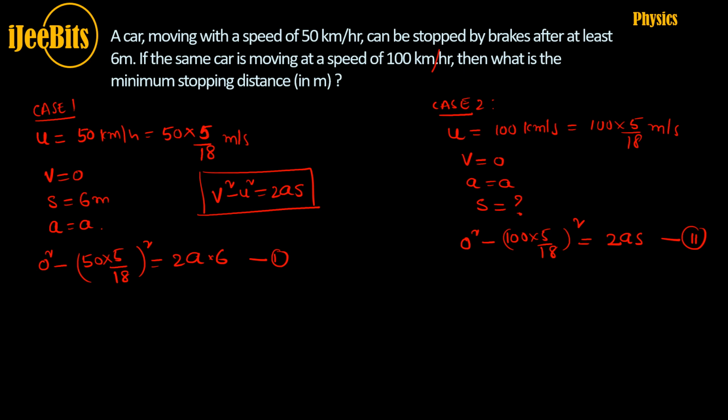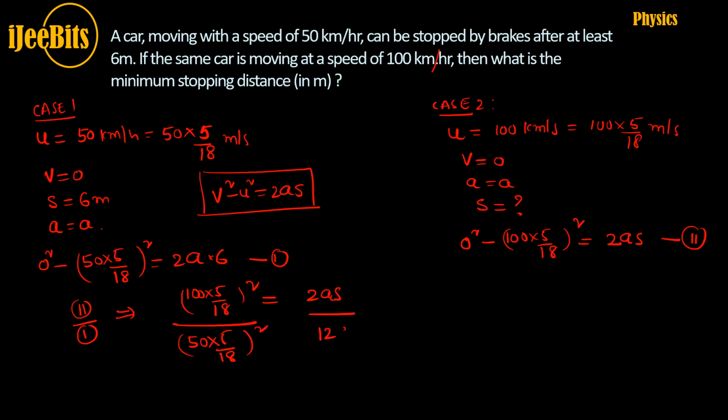So let's divide equation 2 by 1. How do you do this? 100 into 5 by 18 whole square, 2as, divided by 50 into 5 by 18 whole square, 2a into 6. Let's cut the 2 and a, and we get 4 equal to s by 6.